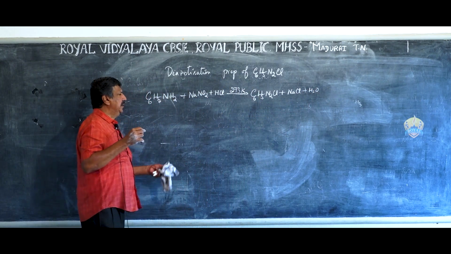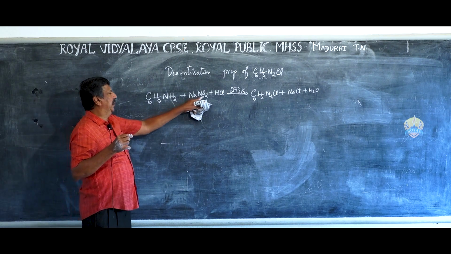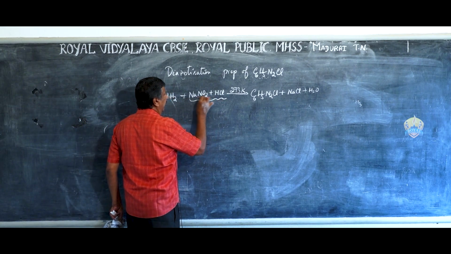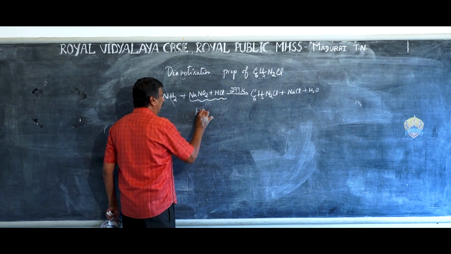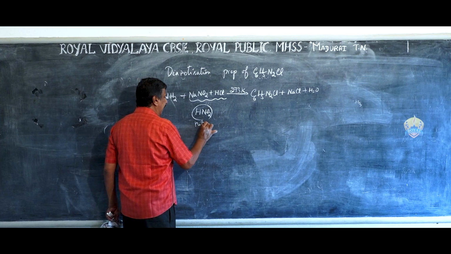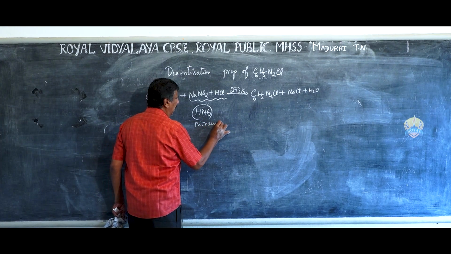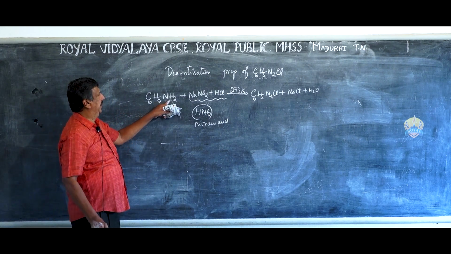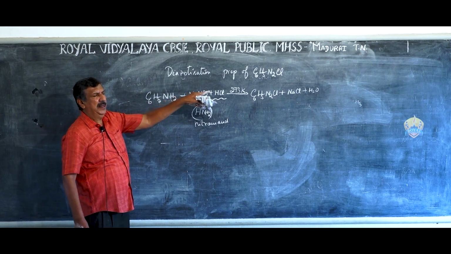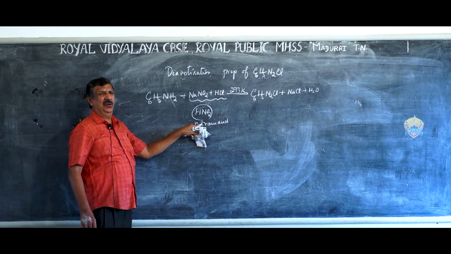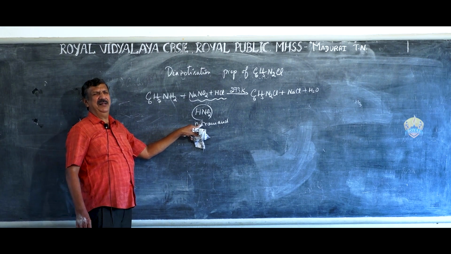What is the purpose of having this combination? This combination you are taking to produce nitrous acid. Nitrous acid is the main component for the conversion of aniline to benzene diazonium chloride. But it cannot be stored in a bottle because it's unstable.